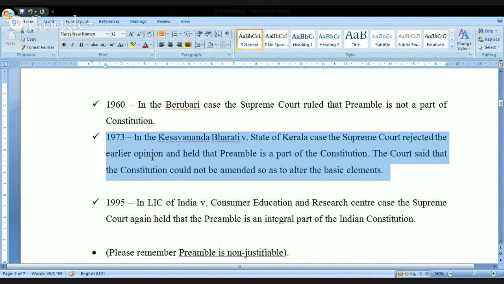The court said that the Constitution could not be amended so as to alter the basic elements. That is nothing but you cannot alter the basic structure of the Indian Constitution. Sometime back in the previous class, I was talking to you about the basic structure of the Indian Constitution.